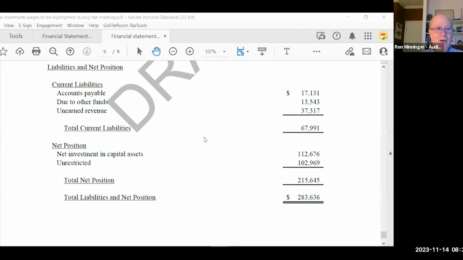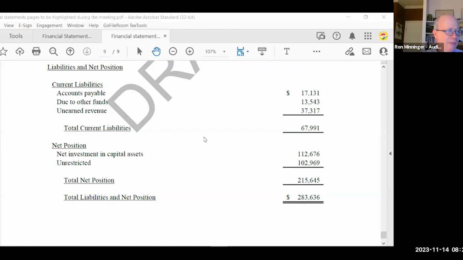Also, at the end of the audit, we typically will issue a separate report that represents a summary of the audit findings, and I say findings not in a bad way. We talk about accounting principles used by the district. Any significant estimates will be highlighted in that report.